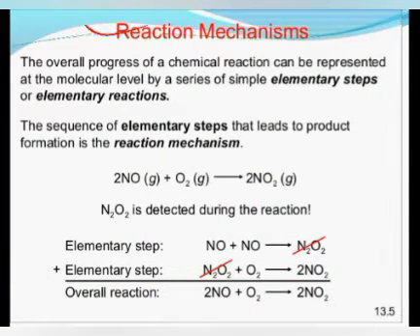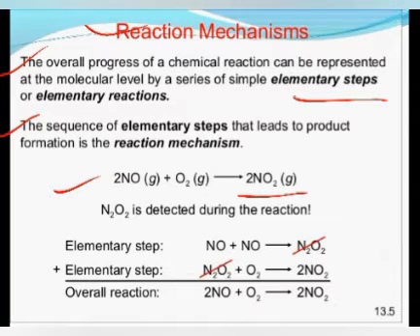Now we will discuss reaction mechanism. The overall progress of a chemical reaction can be represented at the molecular level by a series of simple elementary steps. We will take this example: 2NO reacts with O2 to form 2NO2, in which N2O2 is detected during the reaction.